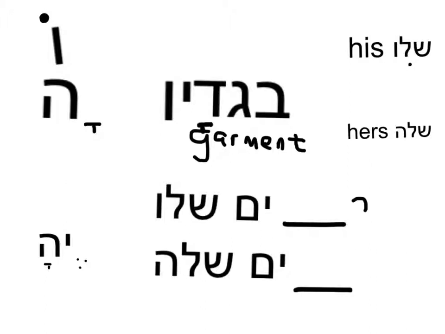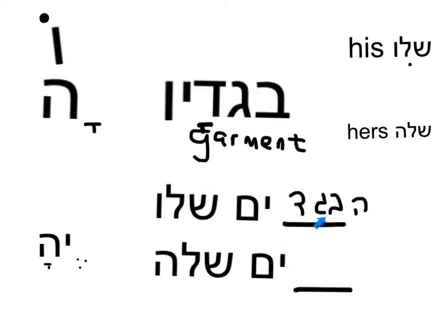It's really as if you were saying, habigadim shelo, which would mean his garment or garments. You can call out the answer. His garment or his garments. Garments, right? More than one piece of clothing, more than one garment. Because that extra yud means it's short for im.